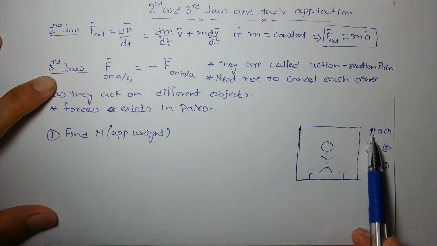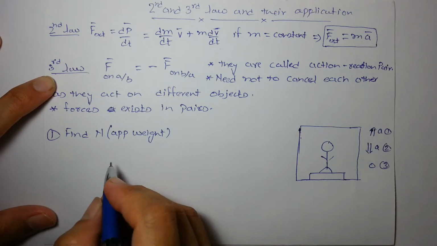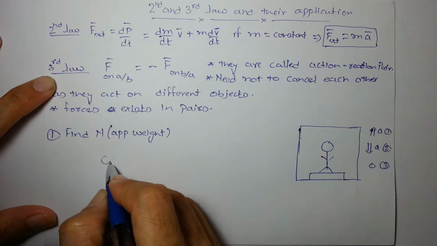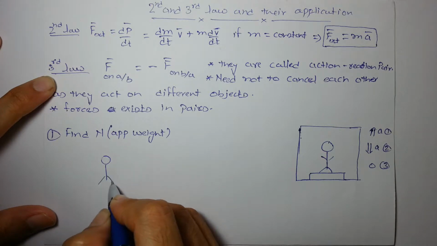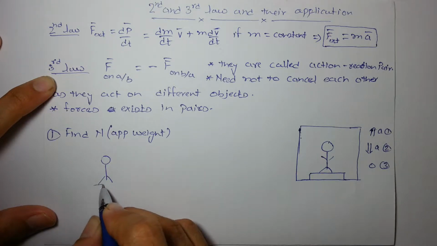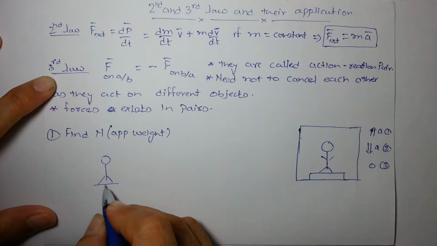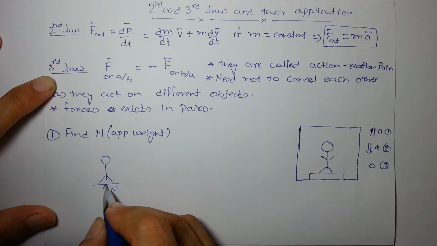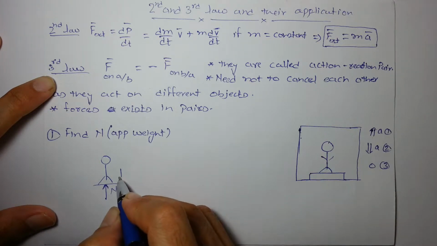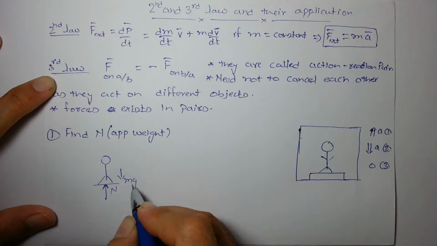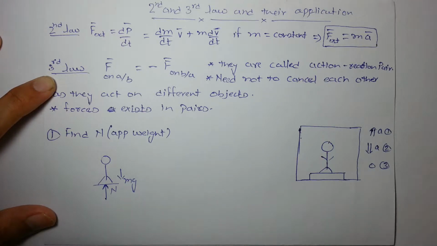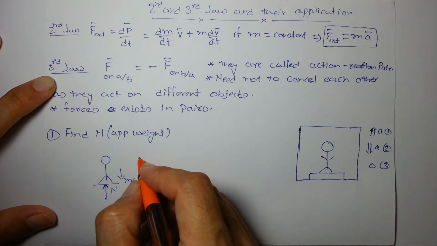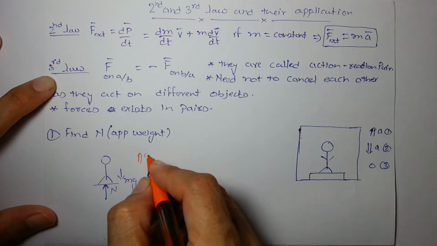So in case 1, let's draw the FBD first of all. The FBD is like this. The person is experiencing forces from the plank, or the weighing machine, which is the normal force from the machine, and its weight mg, and these two forces provide it an acceleration in case 1 in the upward direction.